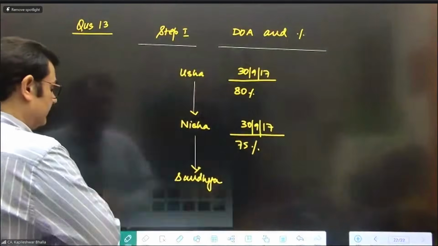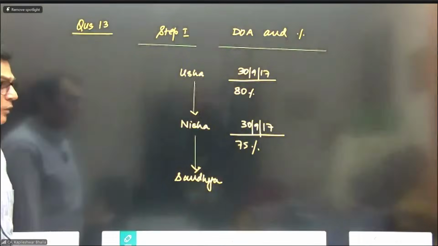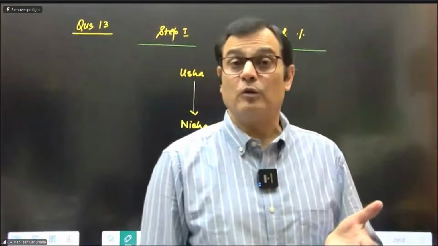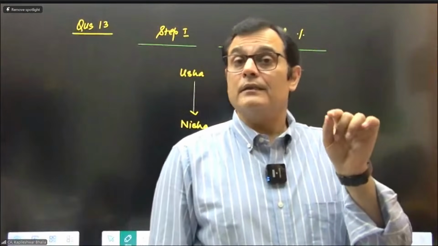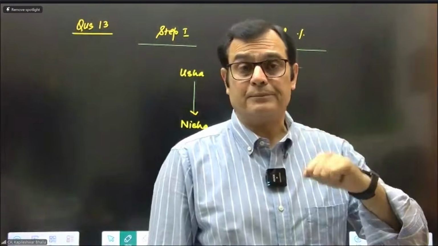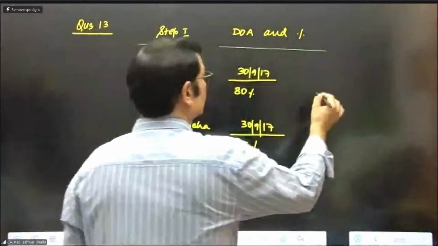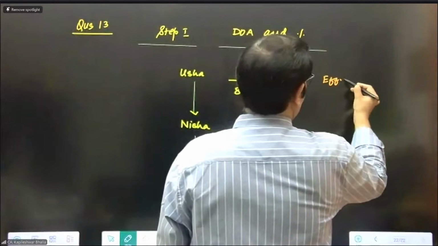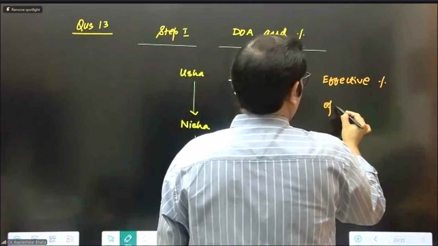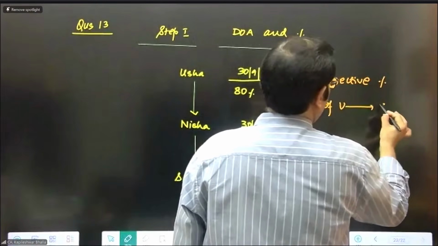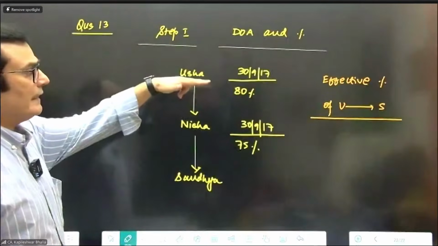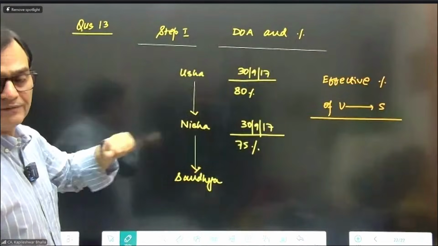Now, the special agenda, what you need to take care at this stage, which is peculiar to the shareholding, you would recall, I need the effective percentage of the top company in the bottom company. So we need to calculate what is the effective percentage of Usha in Sandhya. So we can say this is 80% of 75%.